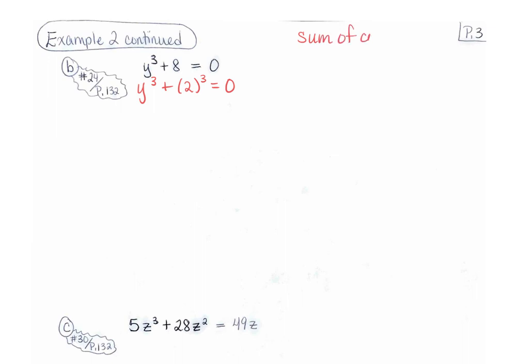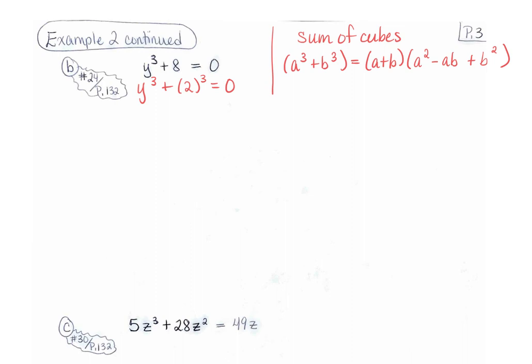Say sum of cubes. And the formula for factoring a sum of cubes, so the formula for factoring a cubed plus b cubed, is equal to a plus b times the quantity a squared minus a times b plus b squared.